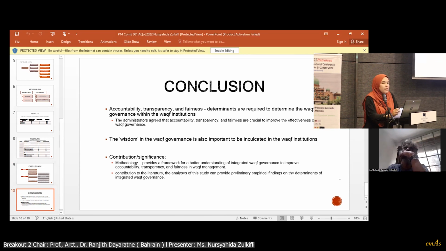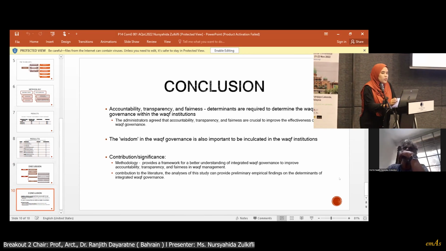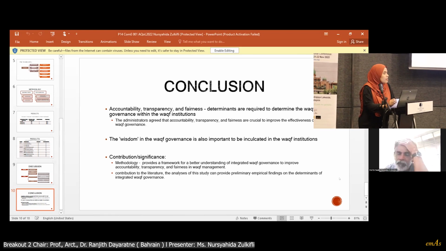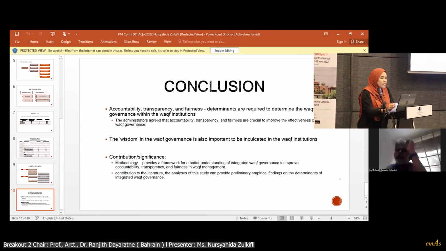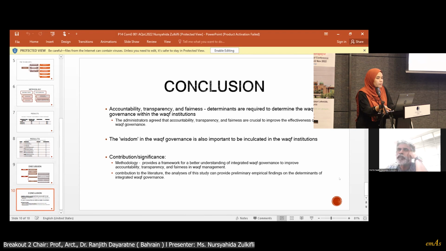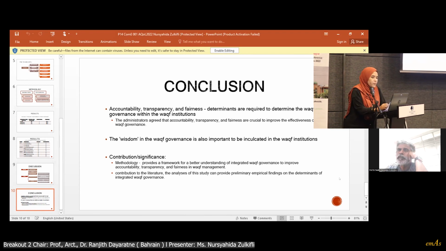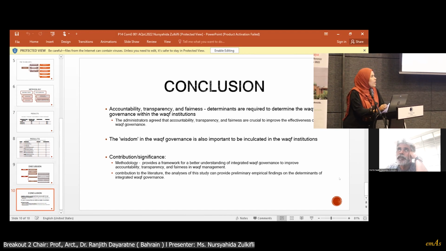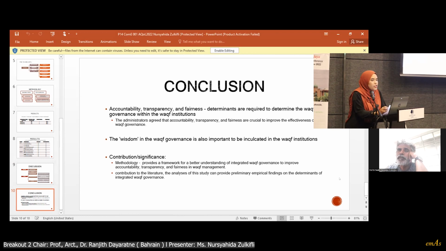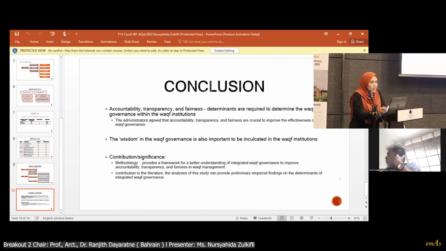Wisdom in wakaf governance is also important to be inculcated in the wakaf institution. Meaning, based on the result, the wakaf administrators agree that they have the opportunity to generate new ideas in order to manage the wakaf governance.